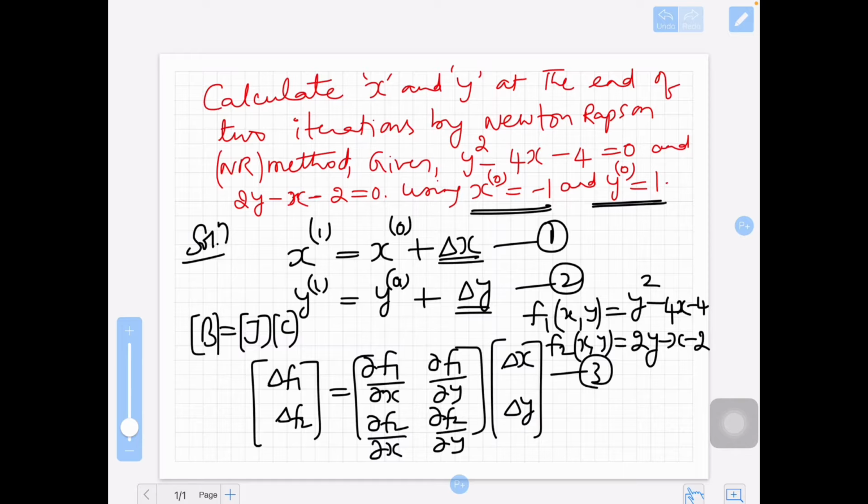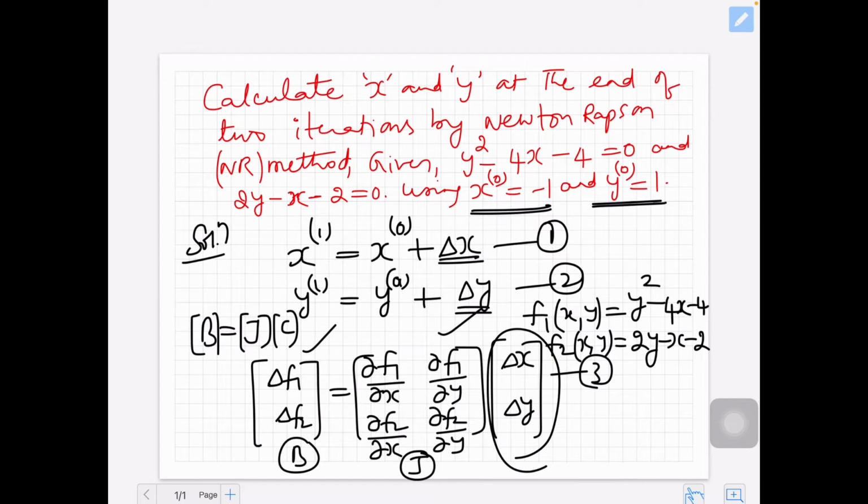So these 2 equations are given, and we are using them in equation 3. If you know the values of the B matrix and the J matrix, by knowing these 2 matrices you can find the elements of the C matrix. So let us find the B and J matrix elements one after the other.